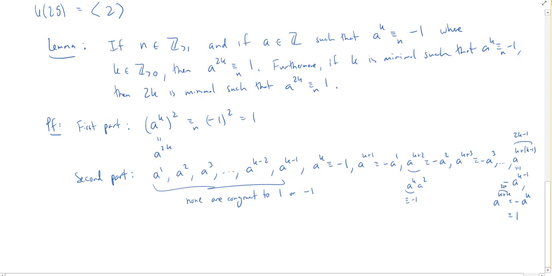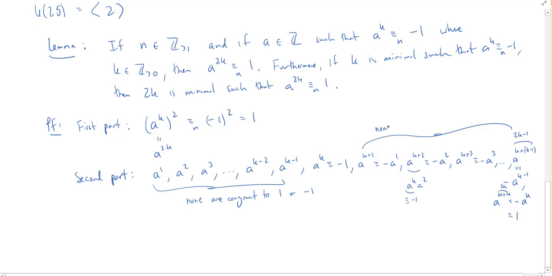So the first time we get the 1 is actually in this 2k position, because what about all these other ones before it? We know in the first part none of those could be 1 or -1. How about all of these later ones? Can they be congruent to 1 or -1? Well, no, because they're just the negatives of the terms we got in the first half of this sequence.